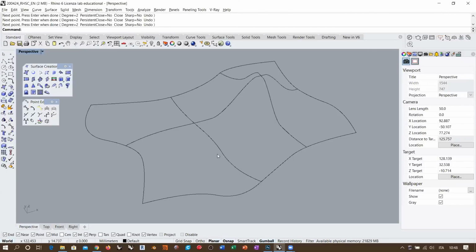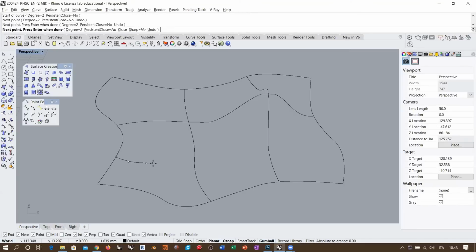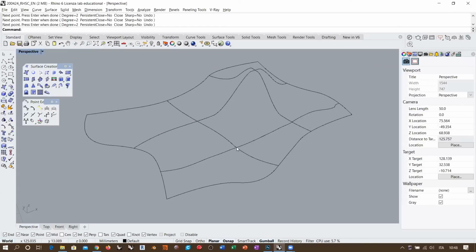But now, if I need a longitudinal isocurve, I would need 1, 2, 3, 4 points, then 3 points to assure the intersection with this cross section, and then, if I am still in a flat area, or I want this area still to be flat, I would need another 1, 2, 3, 4 points, and then 3 for the intersection, and finally 2 for the tangency if I don't want another flat area here. And then finally tangency. Imagine what happens if I start to add another set of isocurves. So it becomes extremely difficult to control these internal edges, internal curves, because you need a very complex topology.